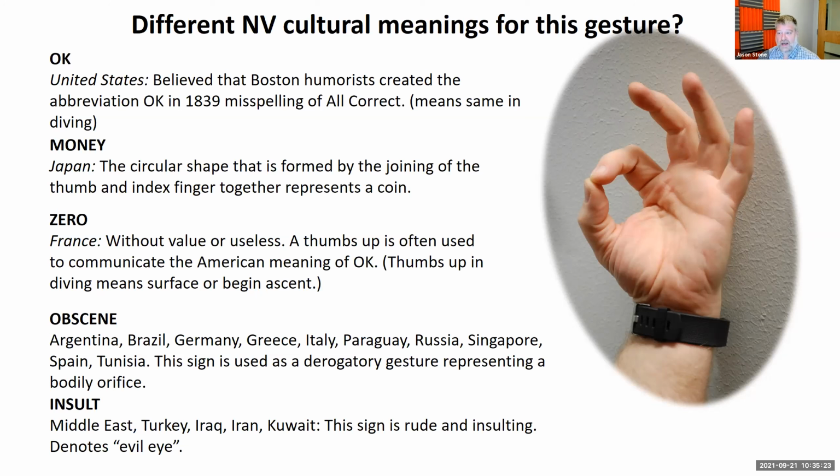Since then, it's taken on other meanings here in the United States, because it can look like a W, those three fingers outstretched like that. It's now become associated with white supremacy here in the United States.